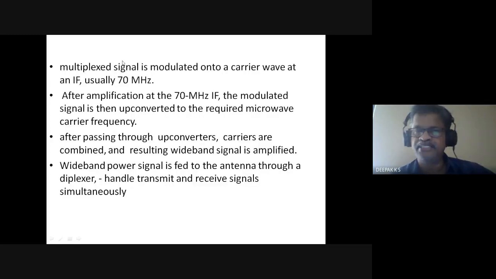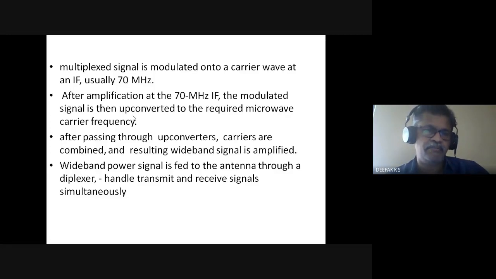So we are not concerned about a single signal. There will be a group of signals, a group of TV signals, a group of thousands of voice signals, a multiplex signal. The group is modulated onto a carrier wave at an IF of 70 megahertz, the first modulation.